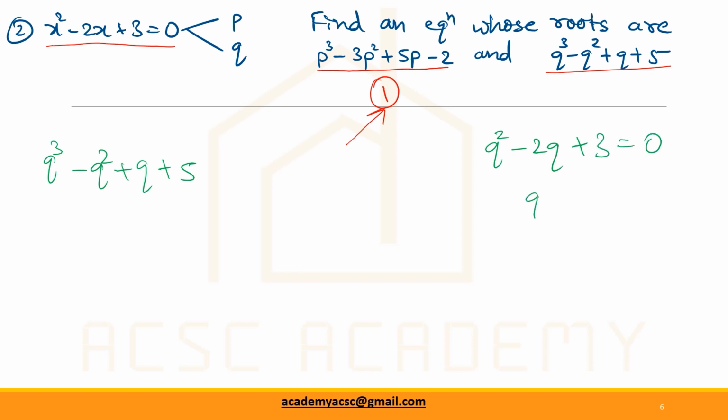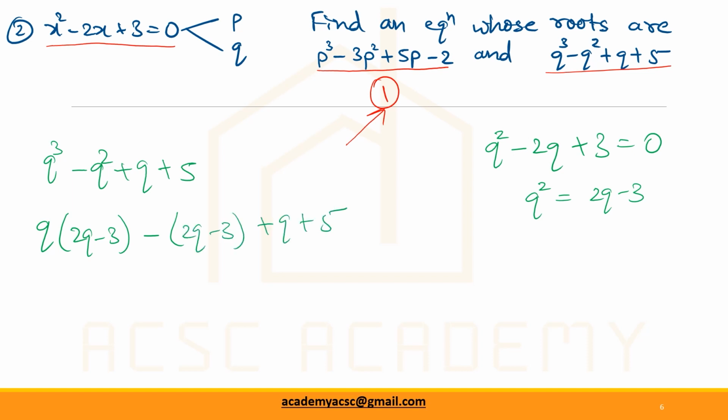So we can substitute q squared with 2q minus 3. So here we will write this q cube as q times q squared, which is 2q minus 3, minus q squared, which is 2q minus 3, plus q plus 5.